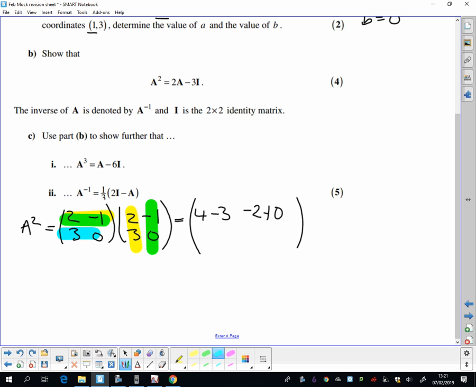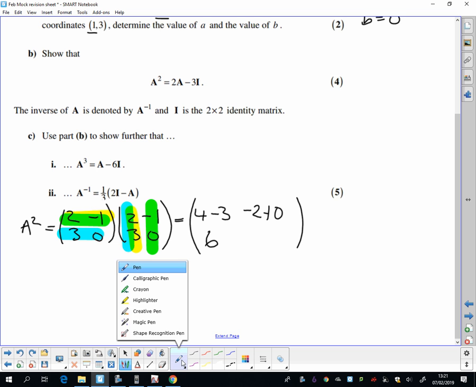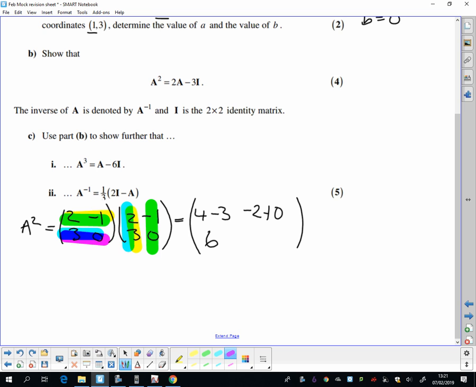Okay, so second row, first column. And finally, second row, second column. So that's going to be 3 times -1 and then the 0. So simplify all that, I get 1, -2, 6, -3, which is A squared.